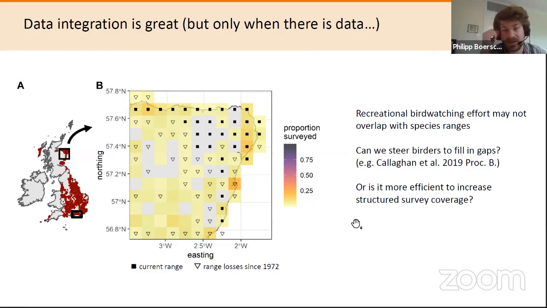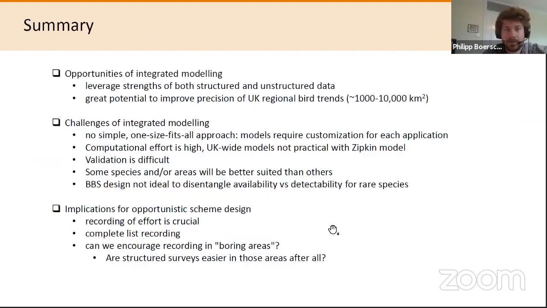And I think this is a really important point. And I think there's been some exciting work recently to look at how we can steer citizen scientists and how they can better realize the marginal value of their visits. And I think that's something we need to step back and consider when we have these models. They're not a silver bullet, but we still need to think about design and data collection.